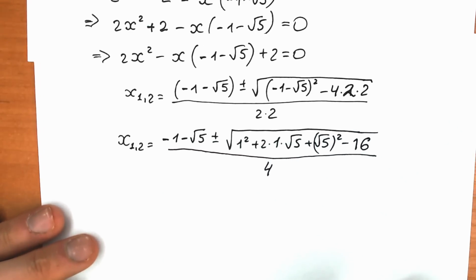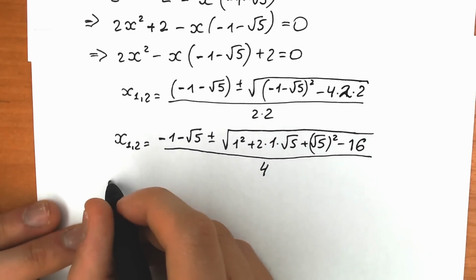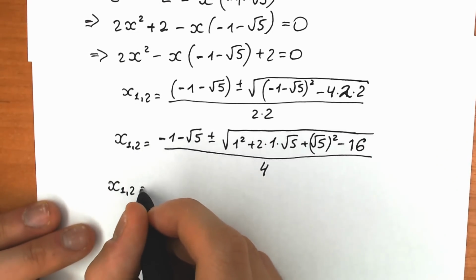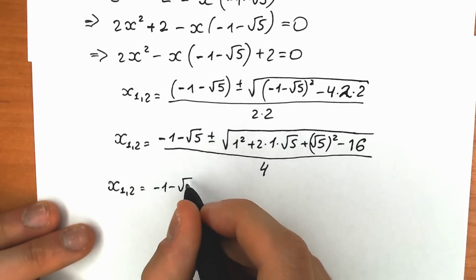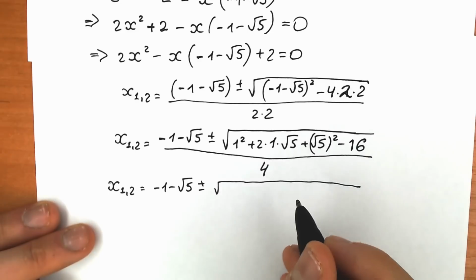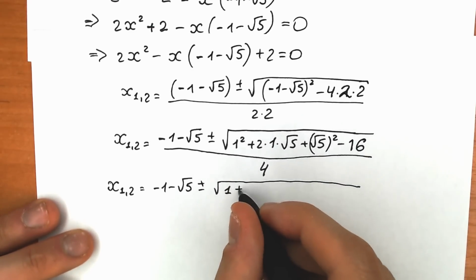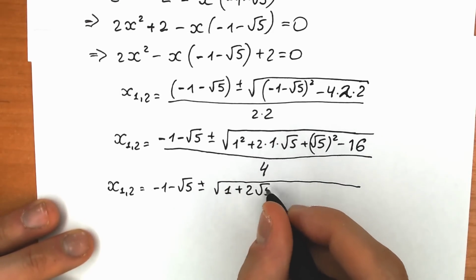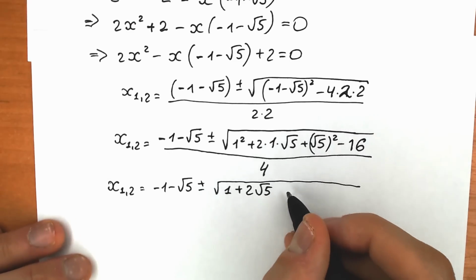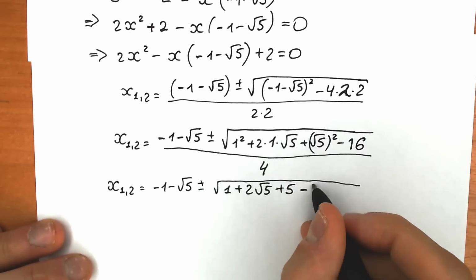Let's simplify this a little bit because we still can simplify this expression. So we have x first and second is equal to minus 1 minus square root of 5 plus minus, what do we have right here inside parentheses? Inside parentheses we have 1 plus 2 square root of 5, plus 5 and minus 16.